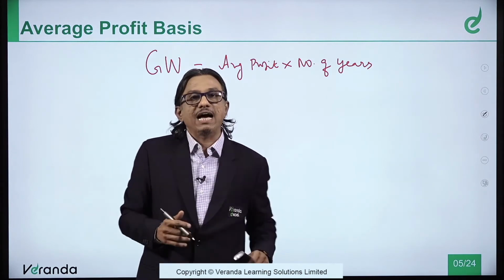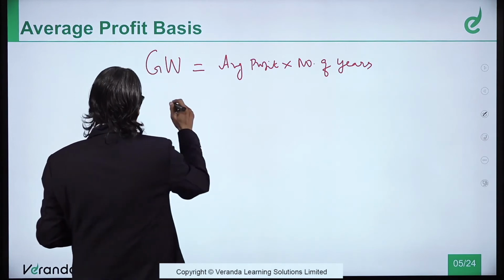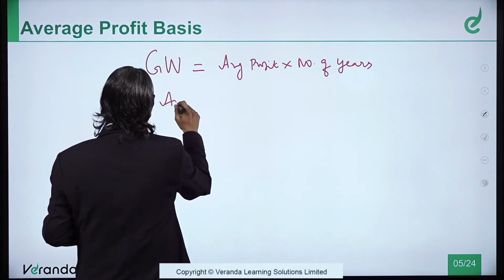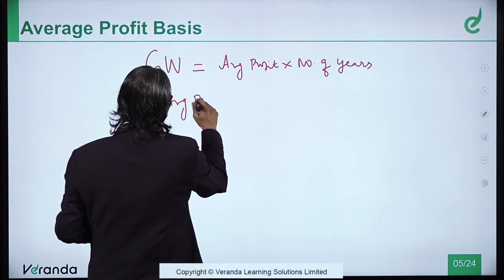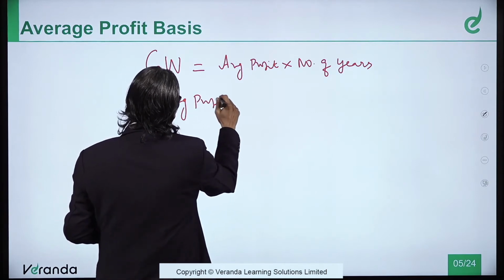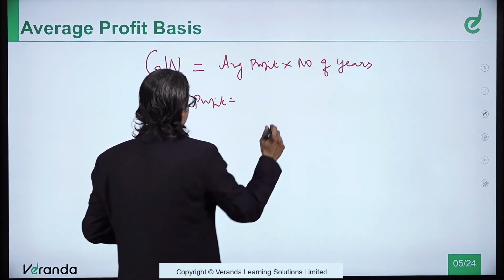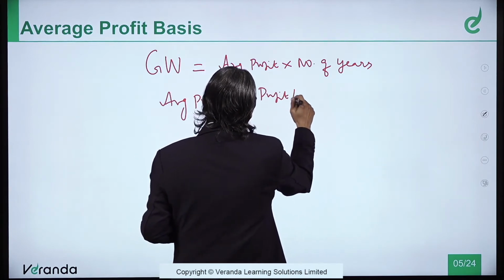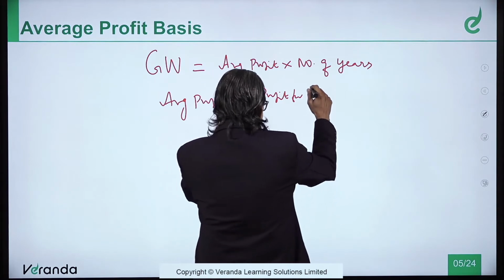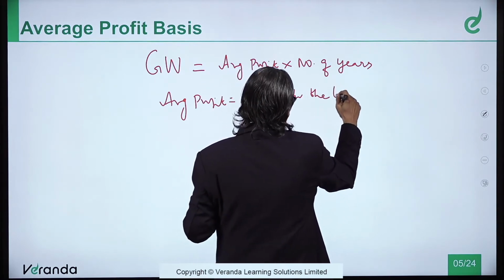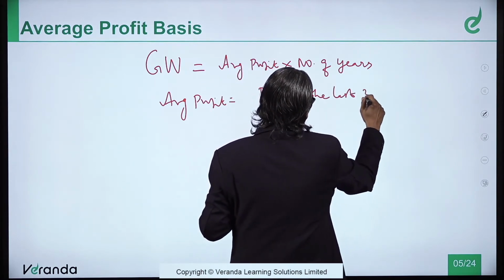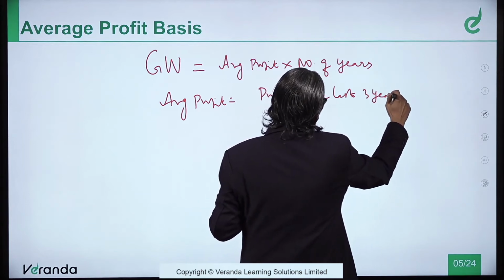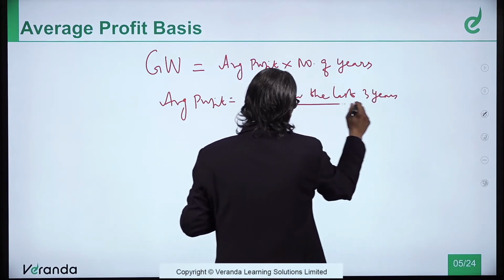How to find the average profit? Very simple. Average profit is equal to profit for the last 3 years divided by 3.